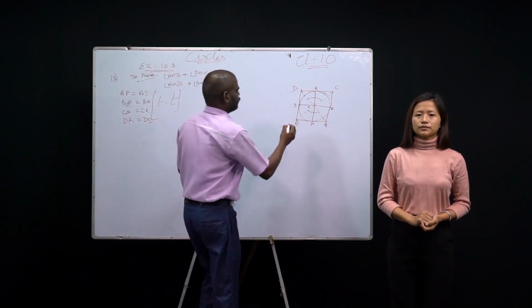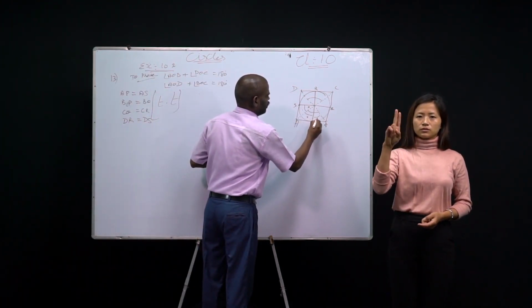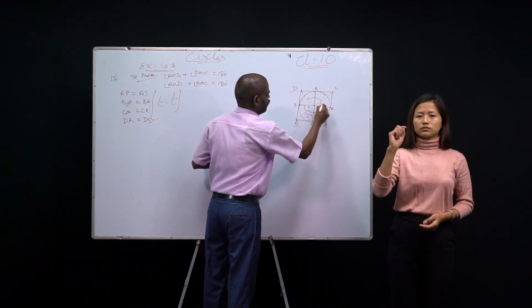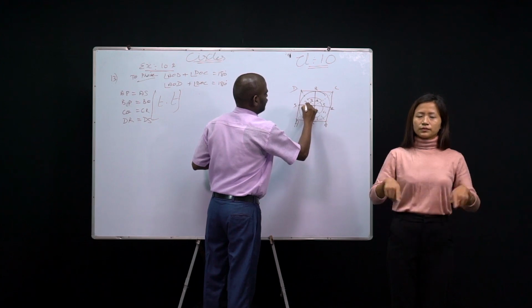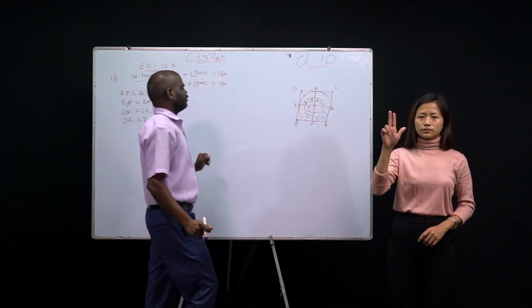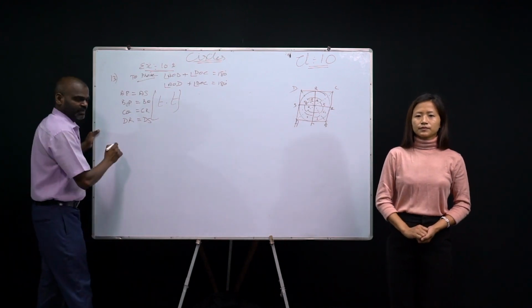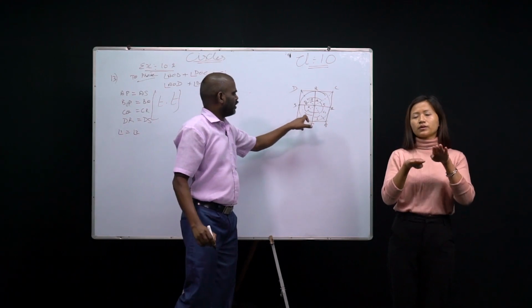Now we'll mark this as angle 1, angle 2, 3, 4, 5, 6, 7 and 8. Now, angle 1 equal to angle 2.